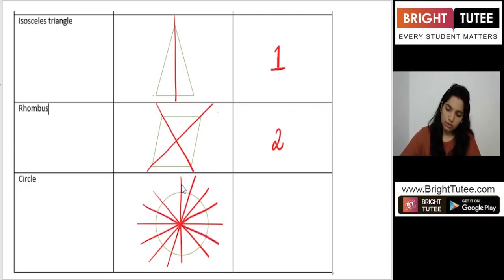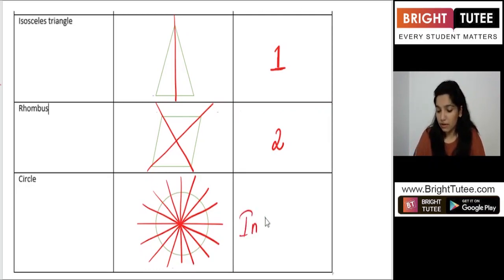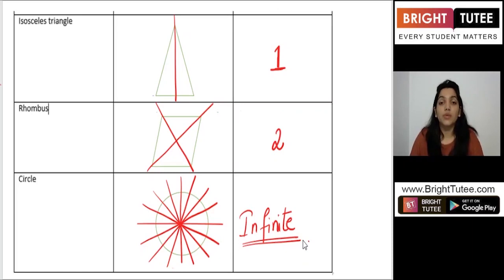I can draw this, I can draw this, and as a matter of fact, I can draw an infinite number of lines in a circle, which will be the lines of symmetry. So infinite is the answer for a circle. An infinite number of lines are possible as lines of symmetry in a circle.